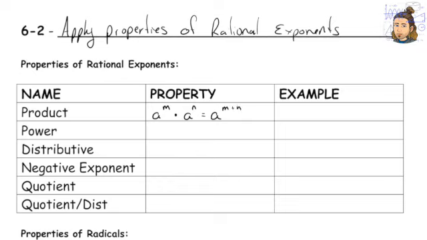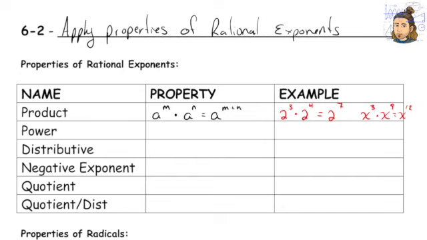Okay, numbers usually help us here. So 2 to the third times 2 to the fourth is going to give us 2 to the seventh. Works the same with variables. x to the third times x to the ninth gives us x to the 12th. Okay, you can see how that works.